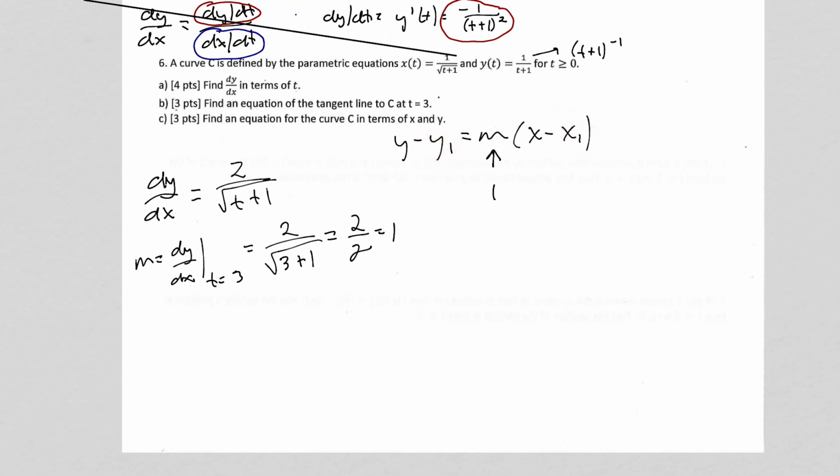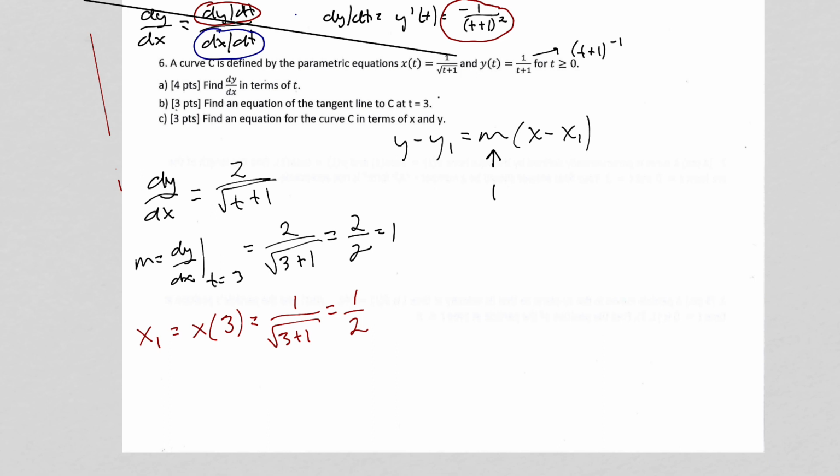So I'll do x1 is x of the t value, which is 3, which gives me 1 over the square root of 3 plus 1, which is going to give me 1/2.